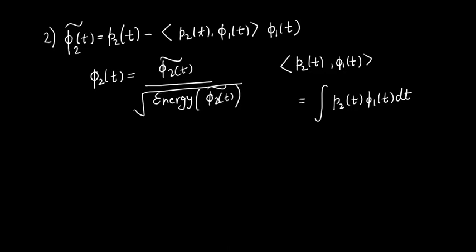Inner product, this is also called the inner product of two functions, two waveforms or two signals, which are defined over 0 to T, or whatever the duration t1 to t2 is. So over that duration you have to integrate. So this is the inner product.